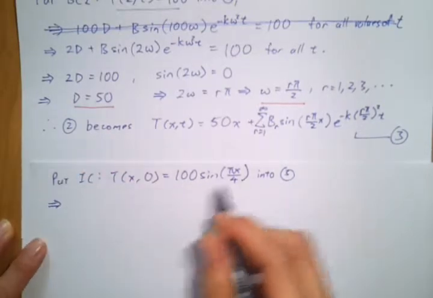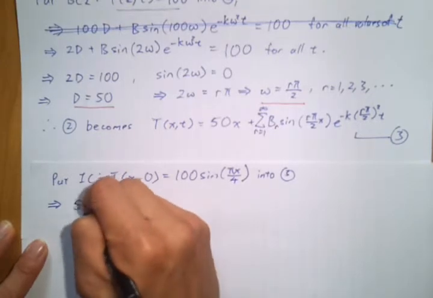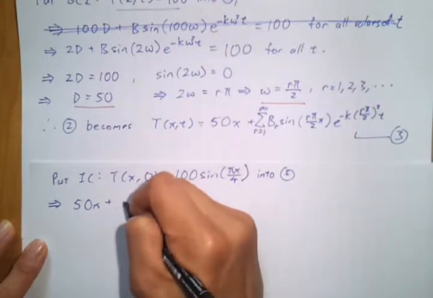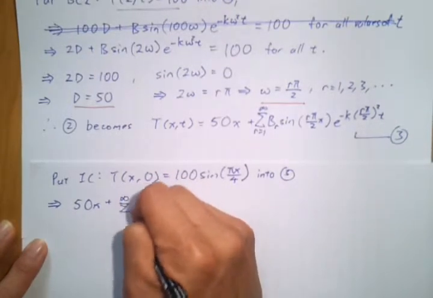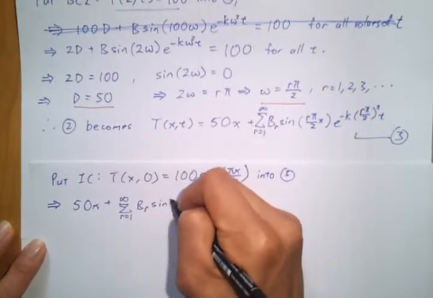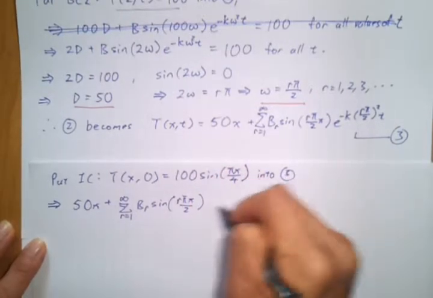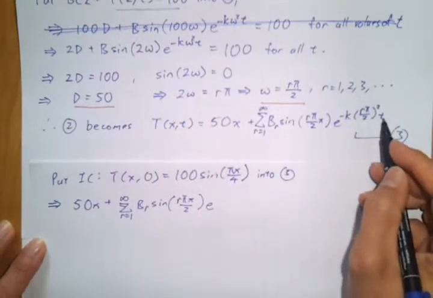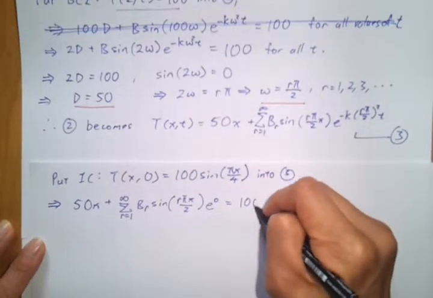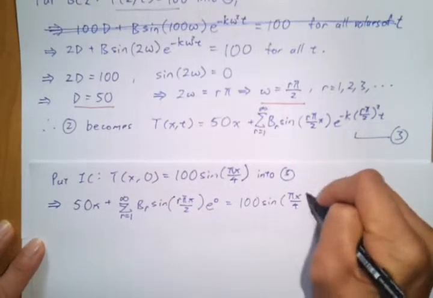And then what you get is, I'm going to just put t equals 0, so I get 50x plus br sine r pi x over 2 e to the power of 0, and this must be equal to 100 sine pi x over 4.